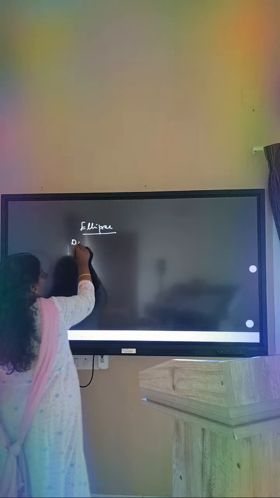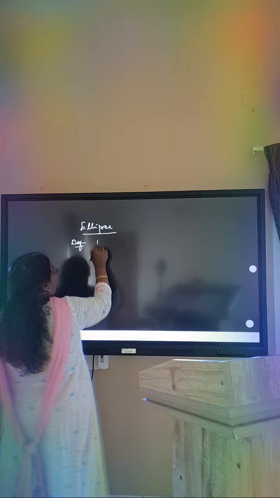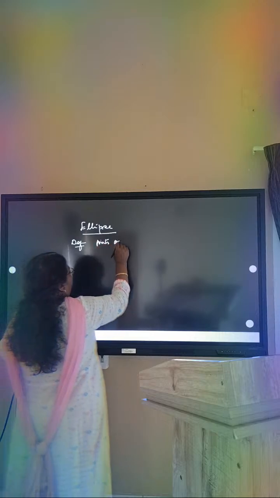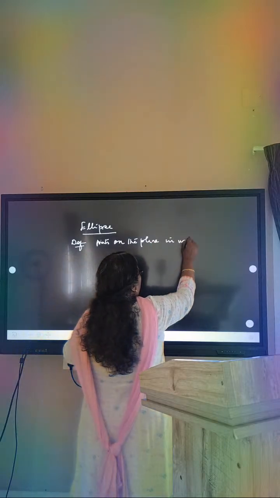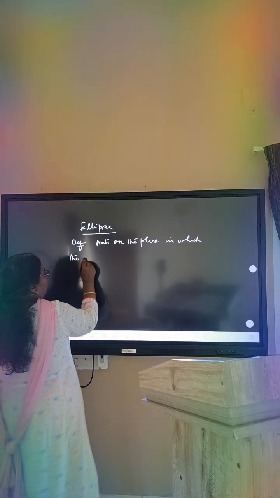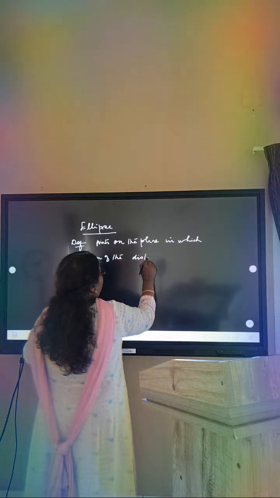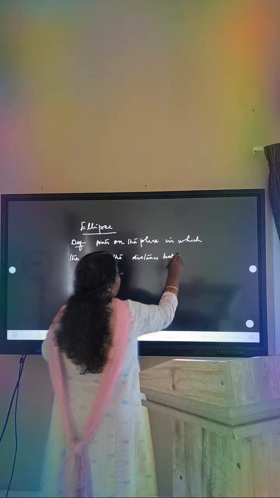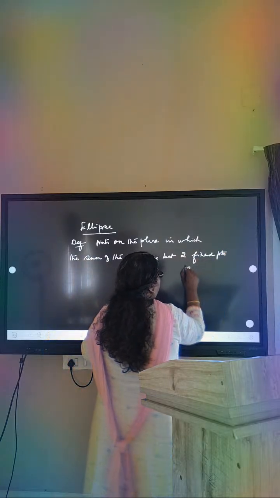What is an ellipse? The definition of ellipse is this: points on the plane in which the sum of the distance between two fixed points is a constant.